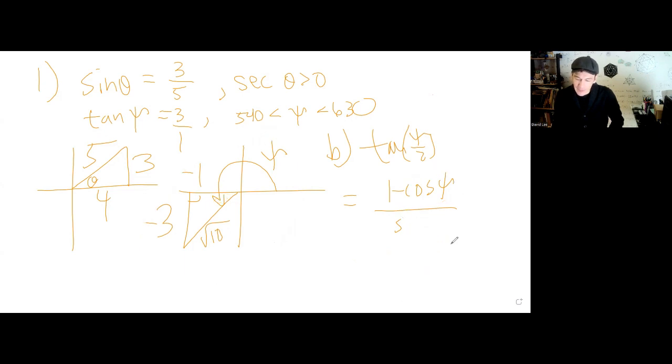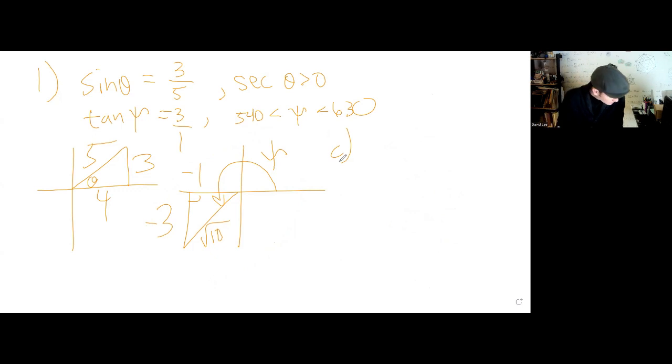Now number 1C says the cosine of negative theta plus 56 pi. Recall from your notes the periodic properties. If you're going to add 56 pi, that's like adding a bunch of revolutions, but you end up wherever you started.